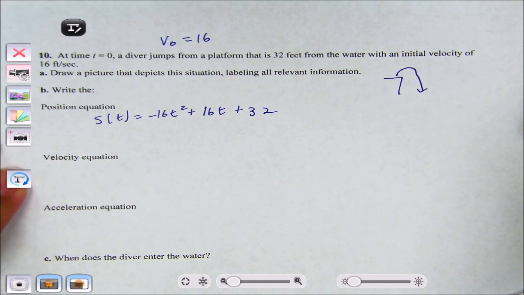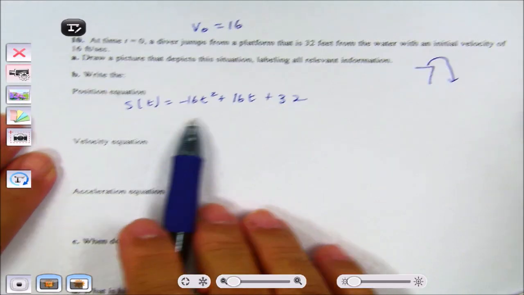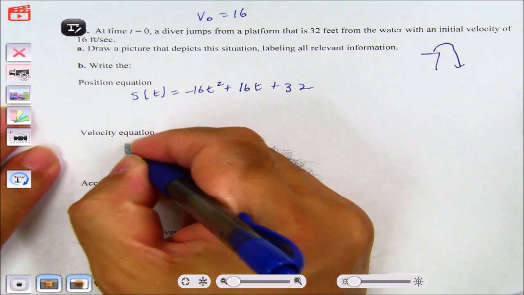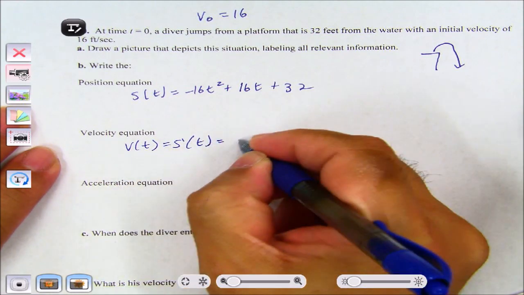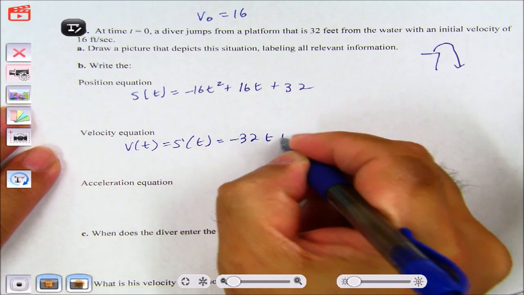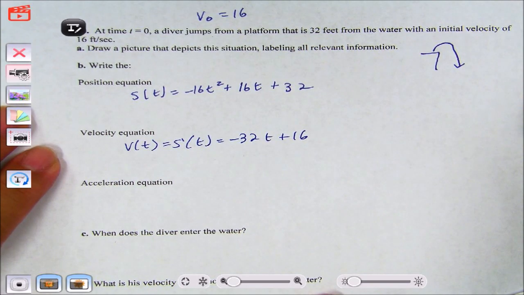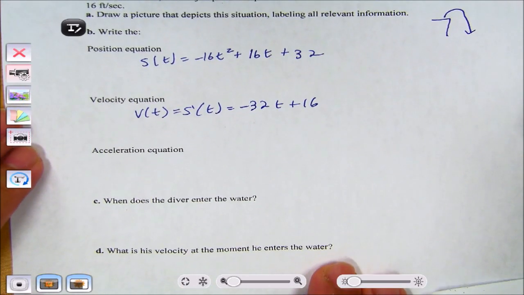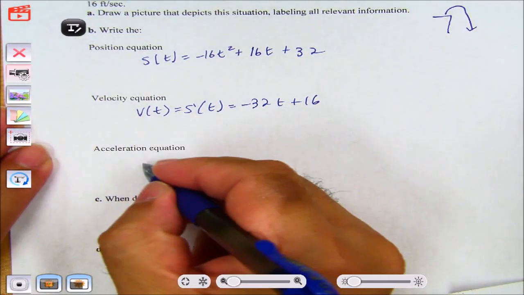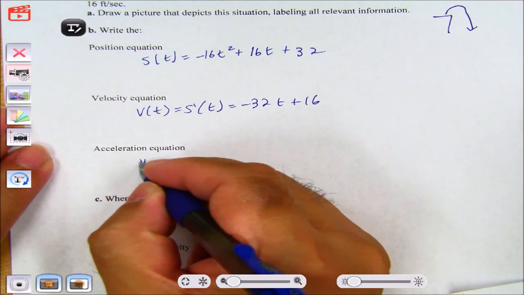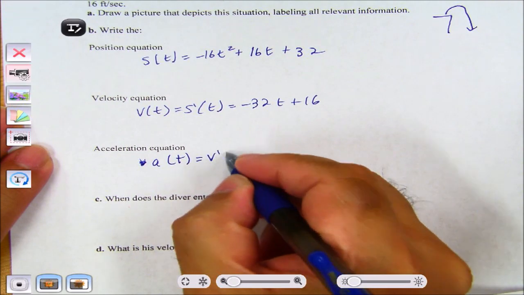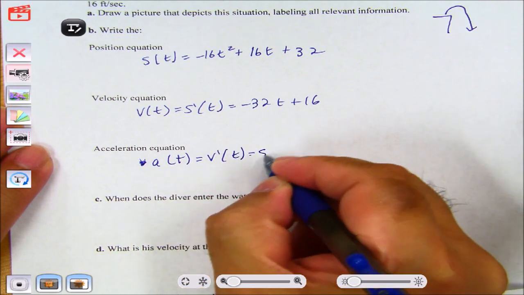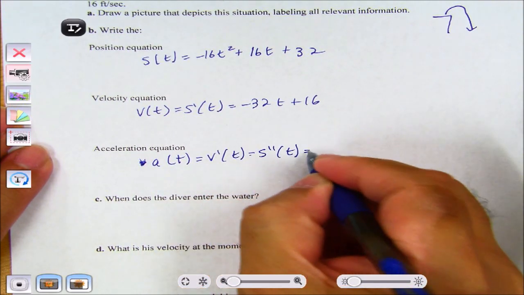Velocity equation. You're going to take the derivative of the position equation, so the velocity equation is negative 32t plus 16. And the acceleration equation, as long as you're on planet Earth, should always be the same. The acceleration equation is the derivative of the velocity equation, which is the second derivative of the position equation.